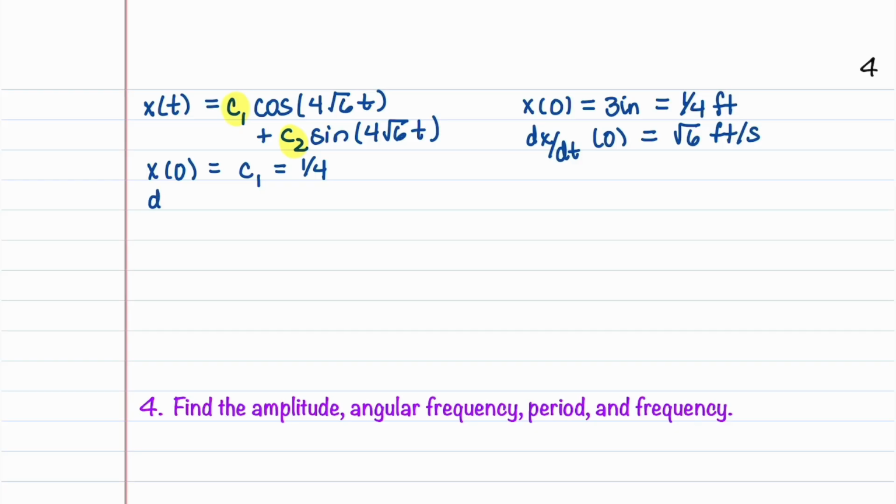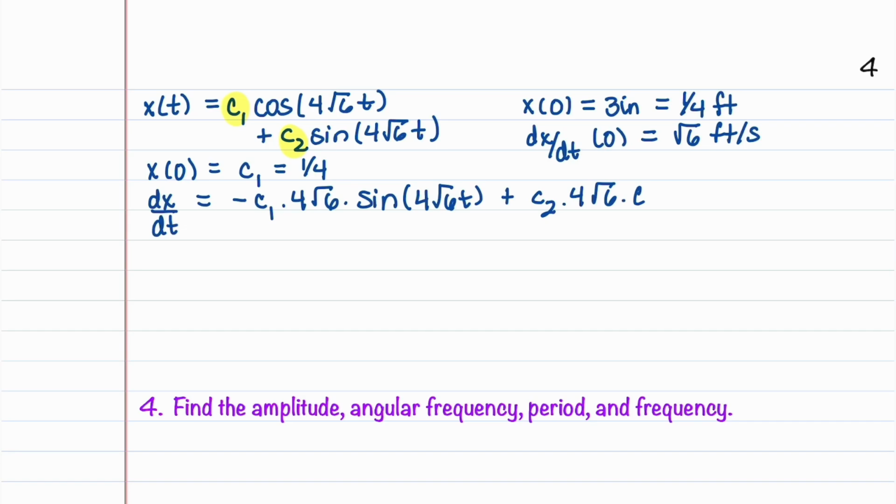Now let's find dx/dt. We'll wait for a minute to plug in 0. This gives us minus c1 times 4 root 6, that comes from the chain rule, times sine 4 root 6 t, plus c2 times another 4 root 6, times cosine 4 root 6 t.